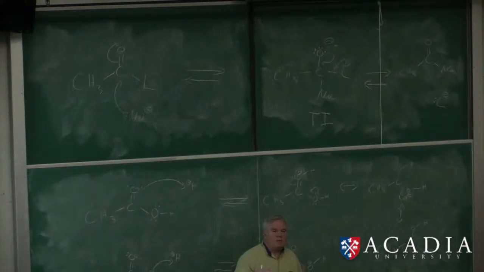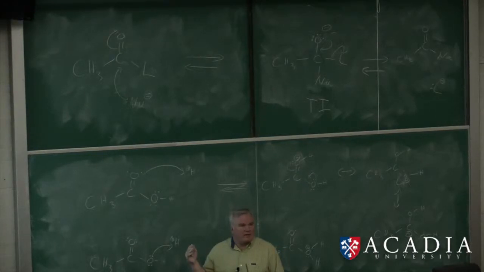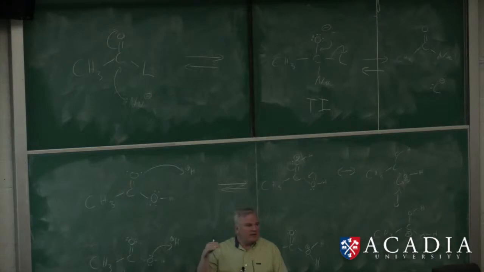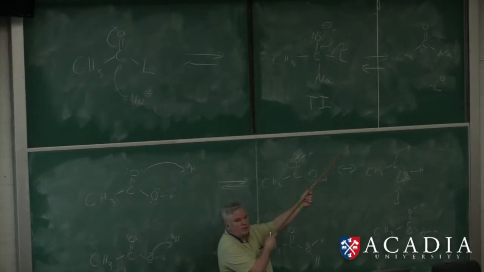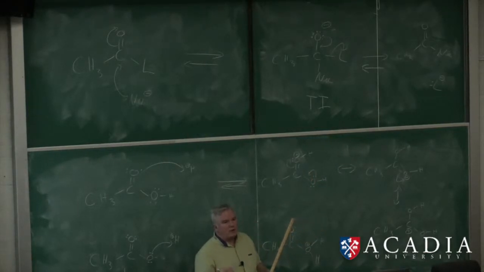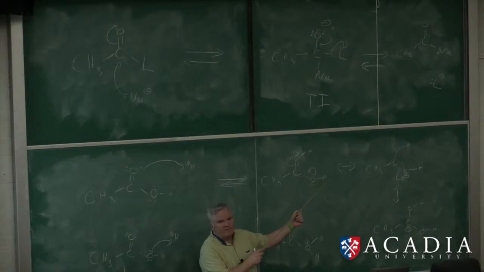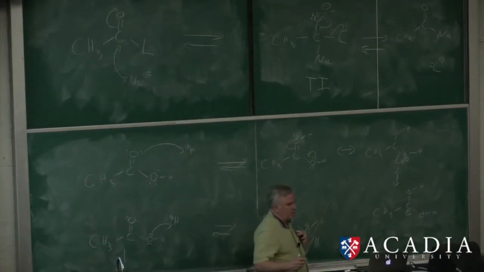So as you can see, what we're going to set up is a series of these derivatives where we can convert one to another. If we have a very good leaving group on our carbonyl compound, it's easy to replace it with a nucleophile. If we have a poor leaving group bonded to our carbonyl compound, it's more difficult to force it to go in that direction.